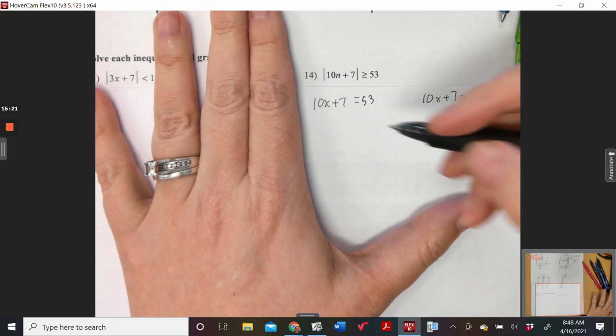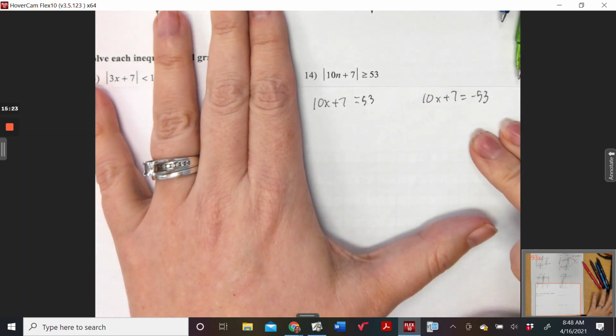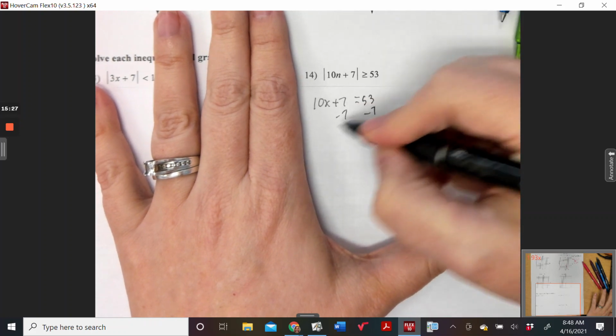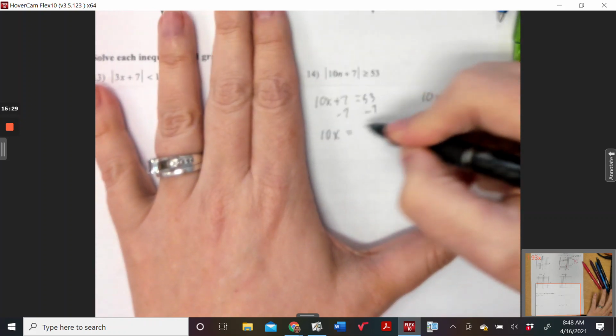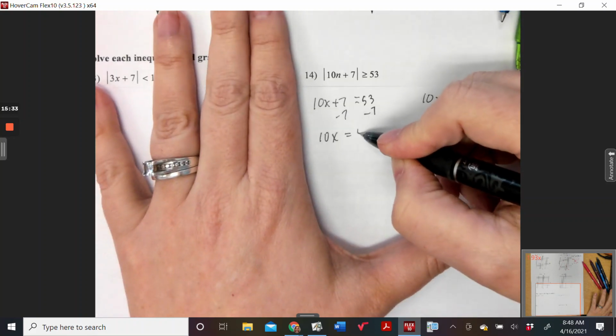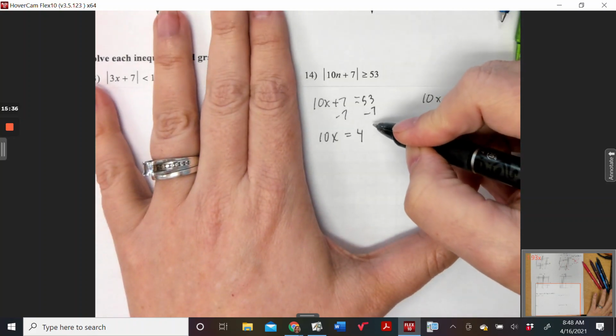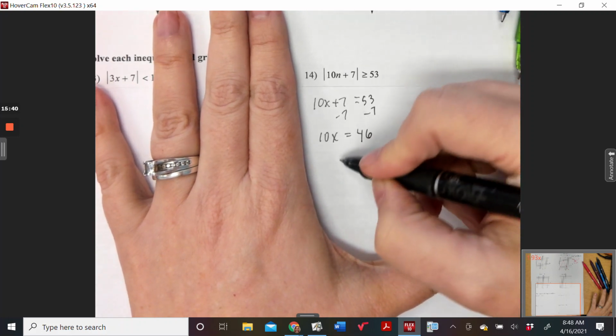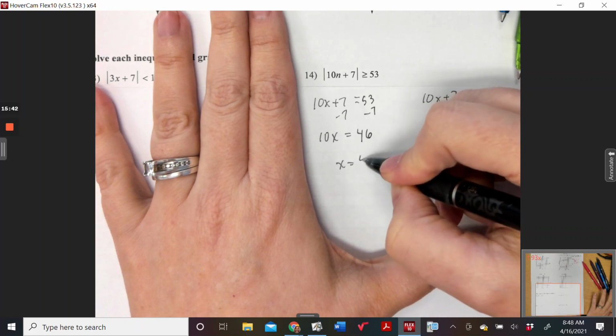Okay, so let's go ahead and we just solve these. So we set them up and then we solve them. We'll subtract 7 from both sides. 10x equals 53 take away 7 is 46. Divide by 10 and x is 4.6.